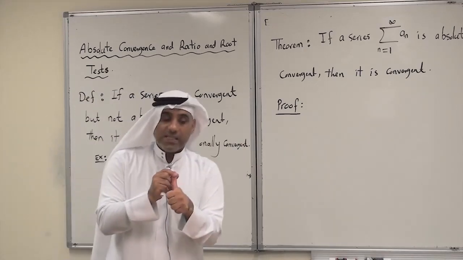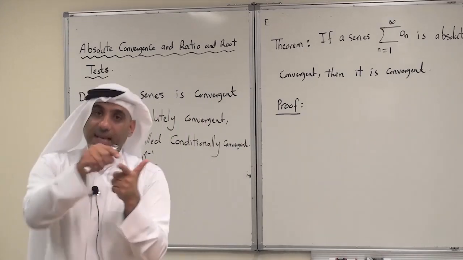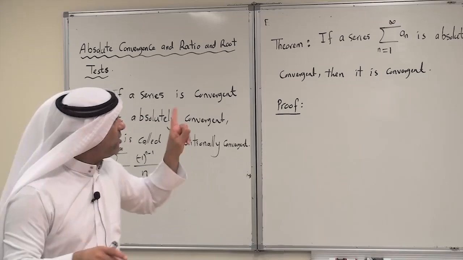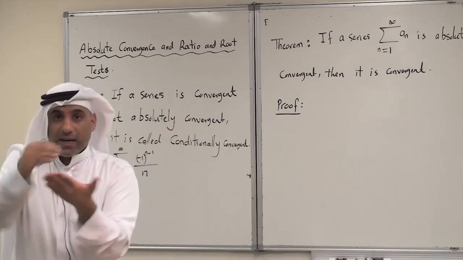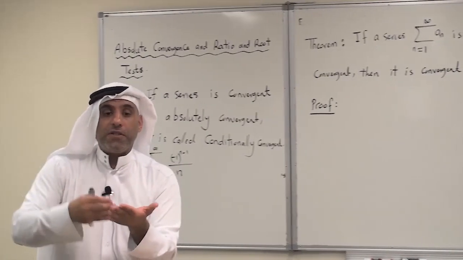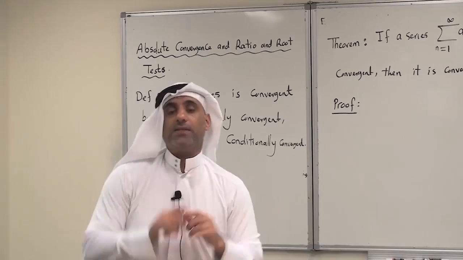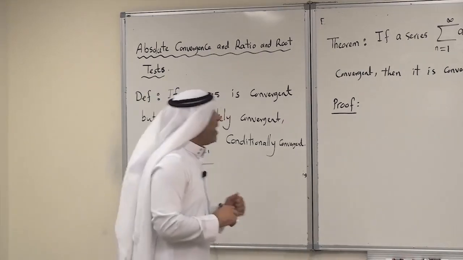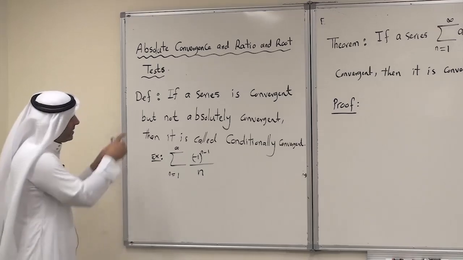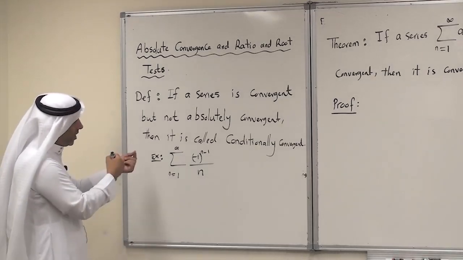This theorem says that the other way around, if it is absolutely convergent, then for sure the series is convergent. I will prove this one for you, but let's discuss also the relationship between conditionally convergent and absolutely convergent.